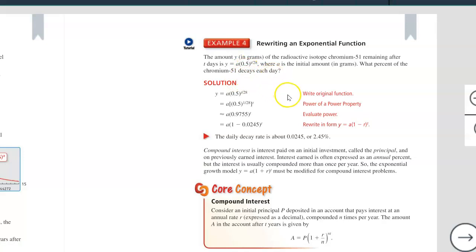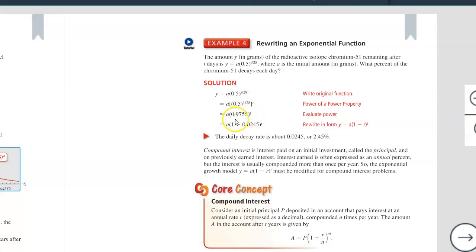So it goes through this and breaks it down into the daily rate by using the power property. Basically, it's breaking up the t over 28 into t times 1 over 28, which then applies to the 0.5. So you would take 0.5 to the power of 1 over 28 and you would get this.